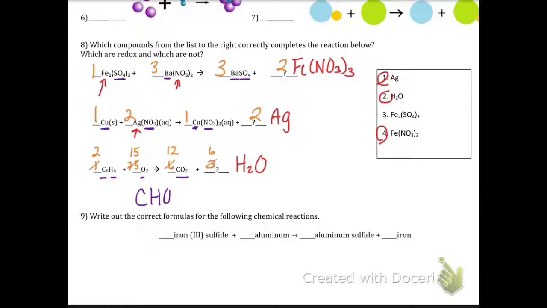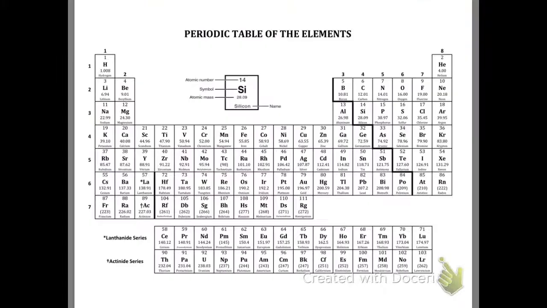All right. Now the very last one, where you go from name to formula, so here we have to go from scratch. So I'm going to draw my line. Here is a Roman numeral, so I know that that is a positive 3. This ends in IDE, so I know it's talking about sulfur. So let's take a peek at our periodic table.